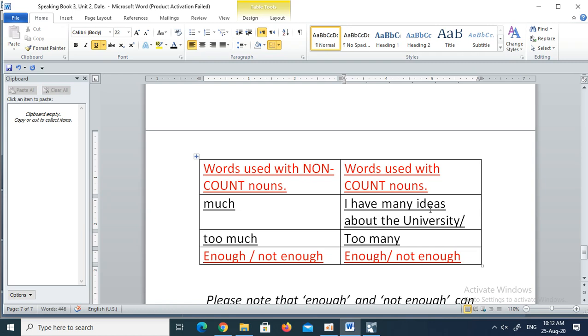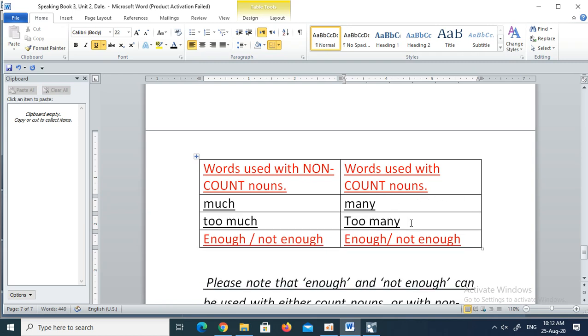Okay, if we use the word ideas, ideas is a count noun, so I can say I have many ideas about the university. Too many is also used with count nouns.